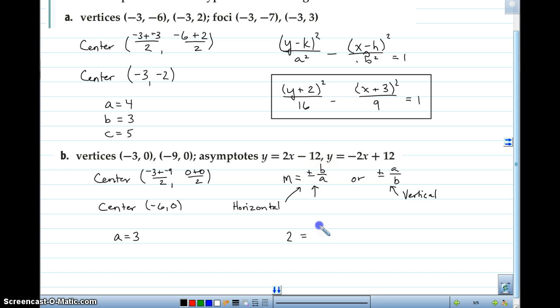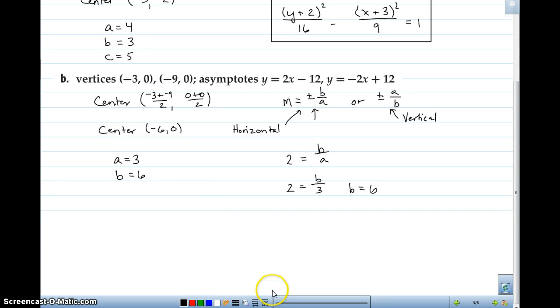And I know that it's going to be b over a. So when I plug in 3 for a, I can solve that b is equal to 6. And you can solve for the positive or the negative, because when you plug it into the equation, you're going to square b anyway. So now we have a, b, and our center.